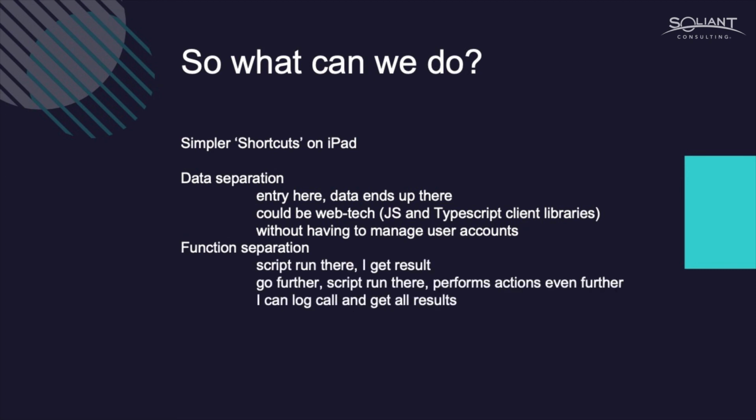I can run this script over there. I get the result of running that. I've sent it some JSON as a parameter. It can work through that JSON and go, oh, I need to run a script in file C. I'm in file A. I don't know anything about file C at all. I have no links to it.